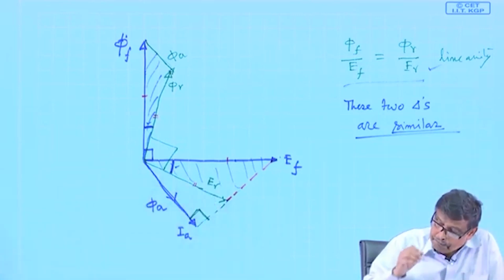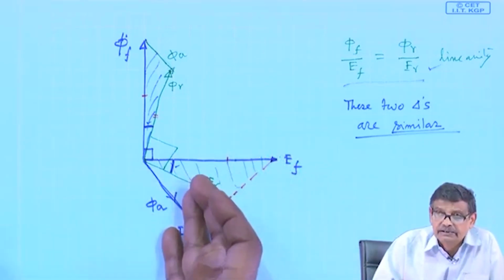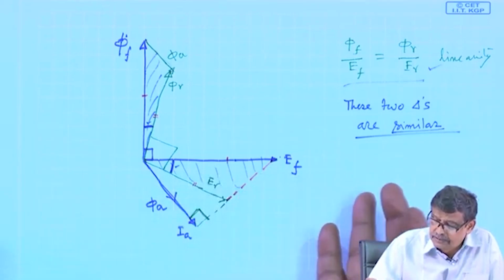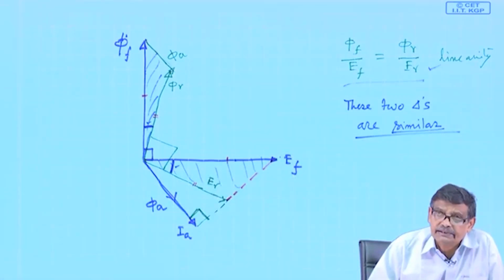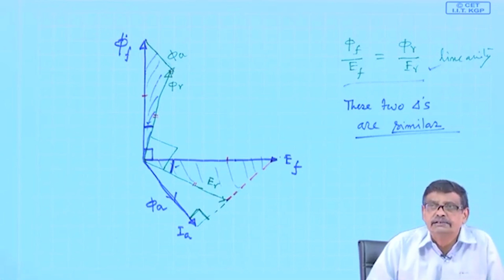Therefore, one point could be that each time you find out this ER, then try to establish what will be the thing, etc. But there is a nice way of handling this situation.